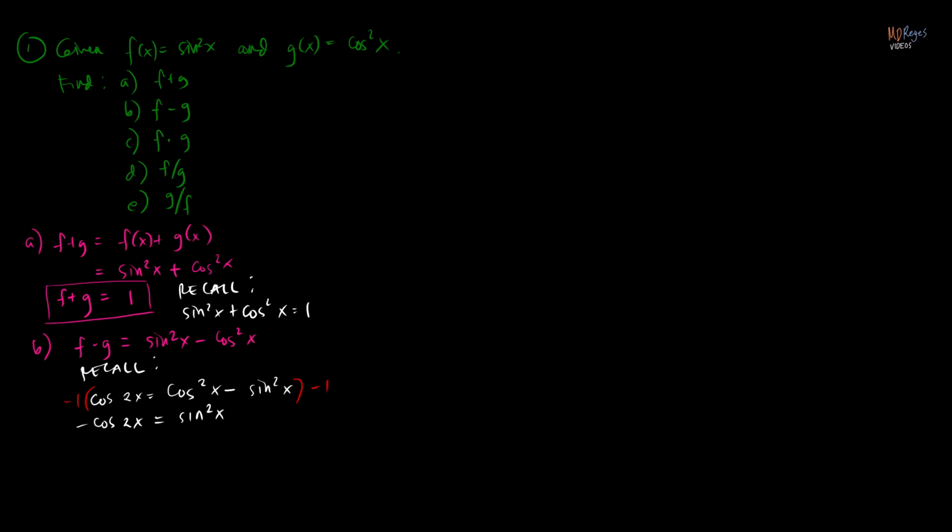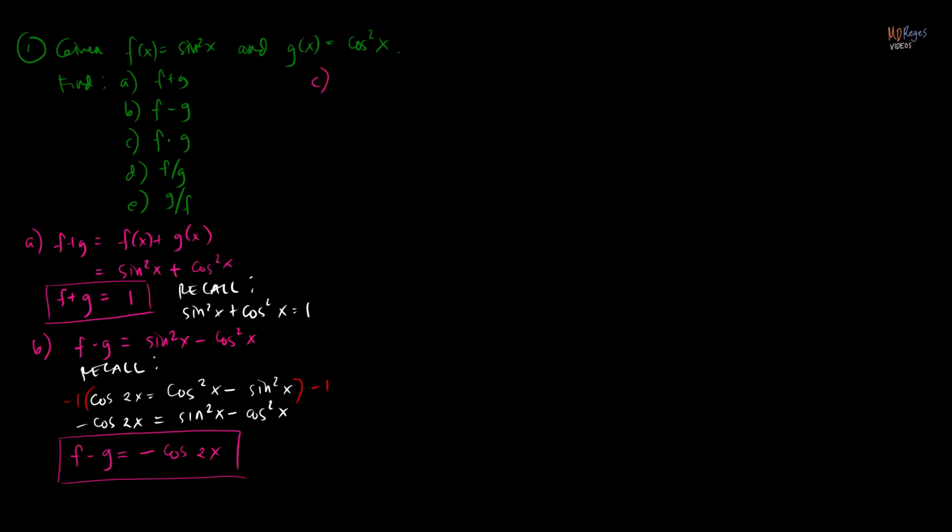So sine squared x minus cosine squared x. That means f minus g is exactly equal to negative cosine 2x. This is our final answer, simplified.